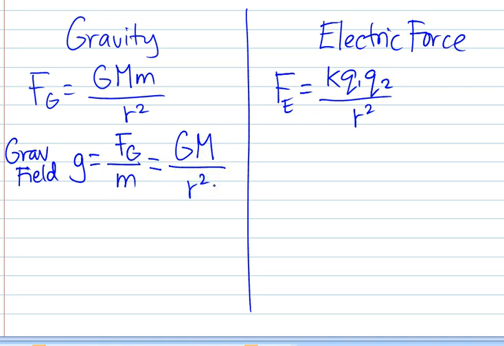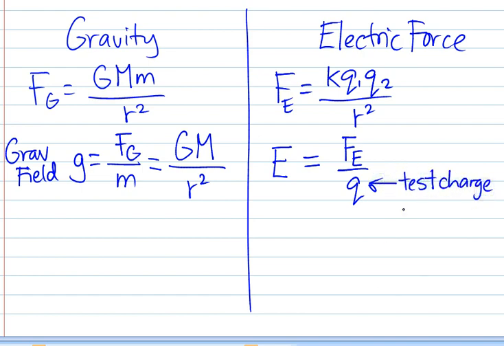Okay, likewise, there is an electric field, and the electric field has the value of the electric force divided by what we call a test charge. And this test charge is always positive.